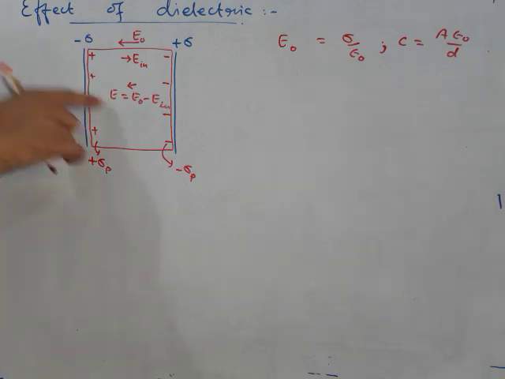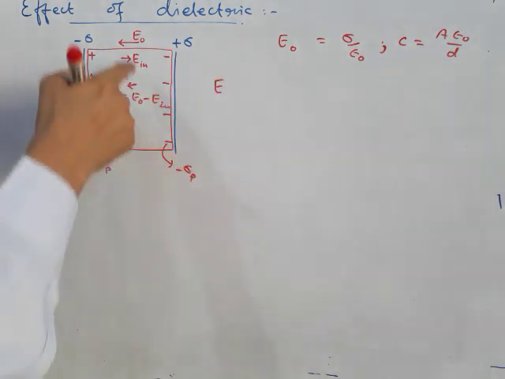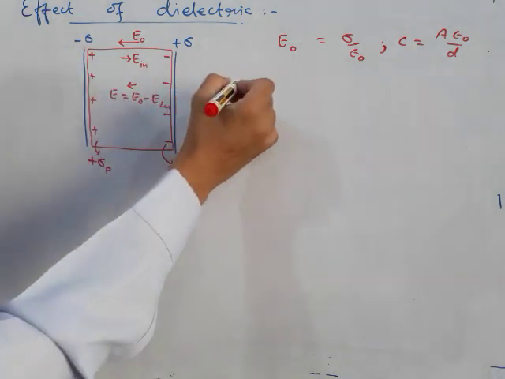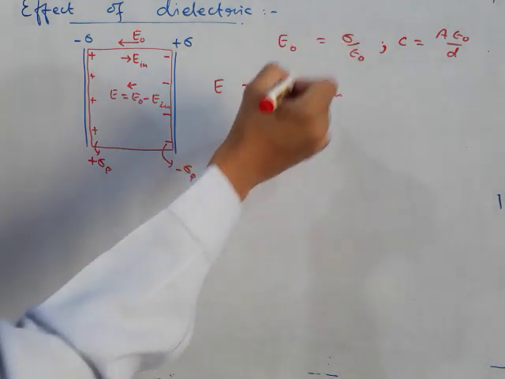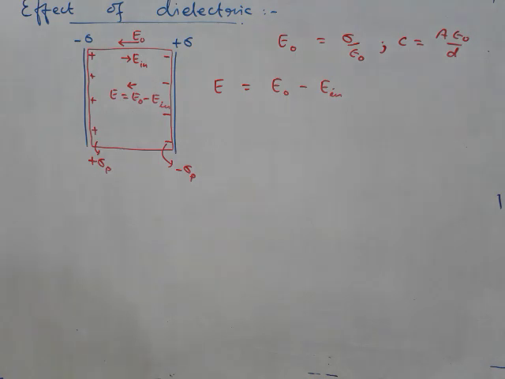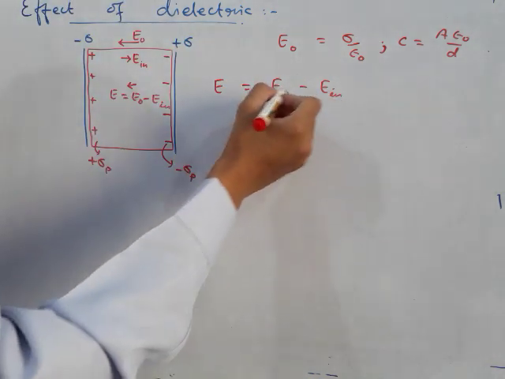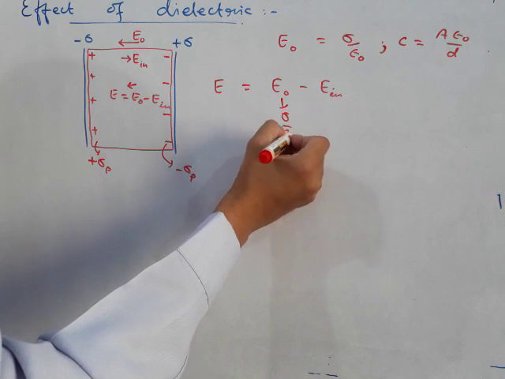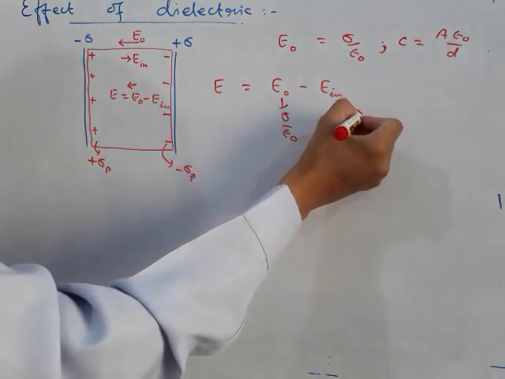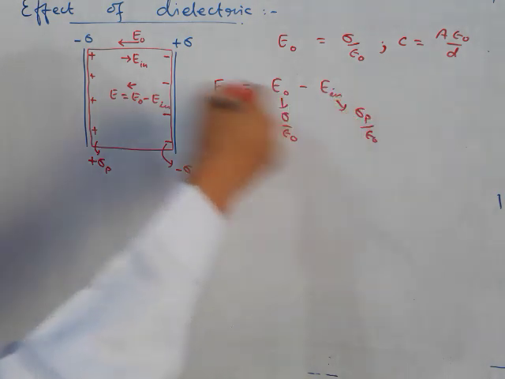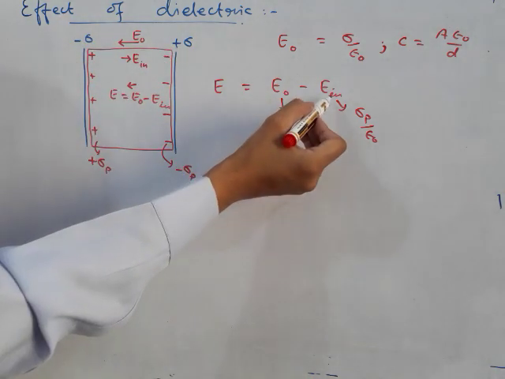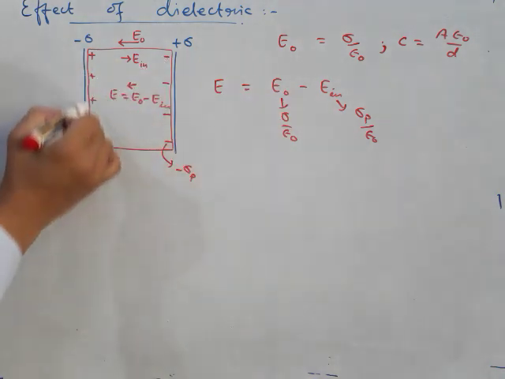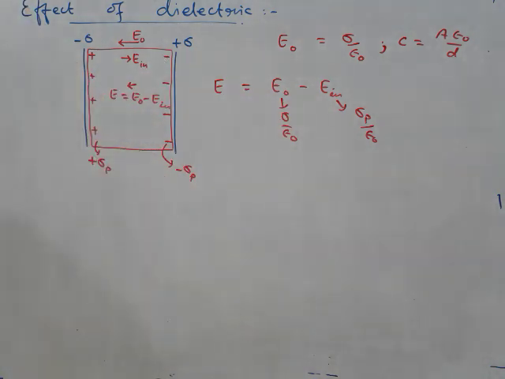We wish to compute how much will be this particular E. The net electric field inside this region will be E naught minus E in, where E naught is sigma upon epsilon naught, and E in is sigma p upon epsilon naught, and they are in opposite direction. E naught was due to plus sigma and minus sigma, and E in is due to the polarized charge densities, that is sigma p and minus sigma p.